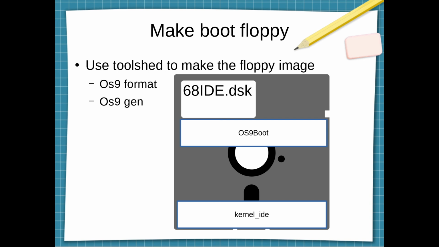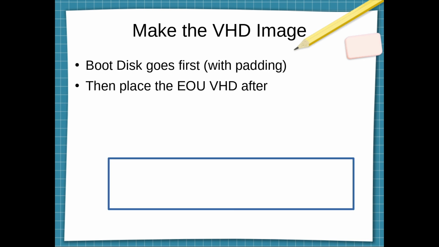We're ready to go on to the next step, which is creating the hard drive image. You'll have an empty box here for the hard drive image. The first thing we put on it is that boot floppy image. That is exactly 630 sectors, and those of you who are really technical will notice that it's not 160K, it's actually 322K.